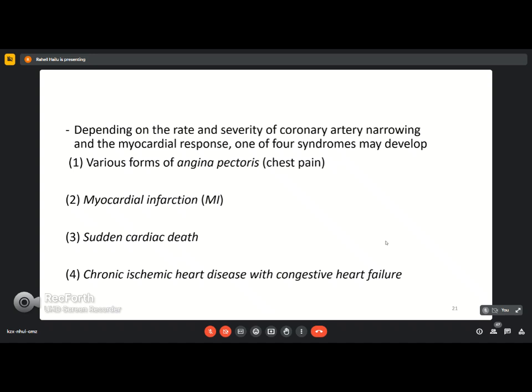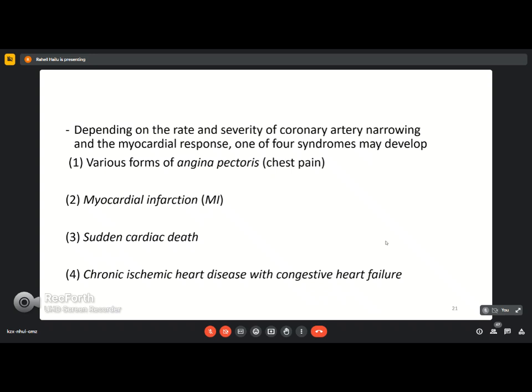And then you have sudden cardiac death, which is a clinical syndrome characterized by sudden death following massive ischemia. Or chronic ischemic heart disease with congestive heart failure resulting in pump abnormality, or abnormal dilatation of the vessels.